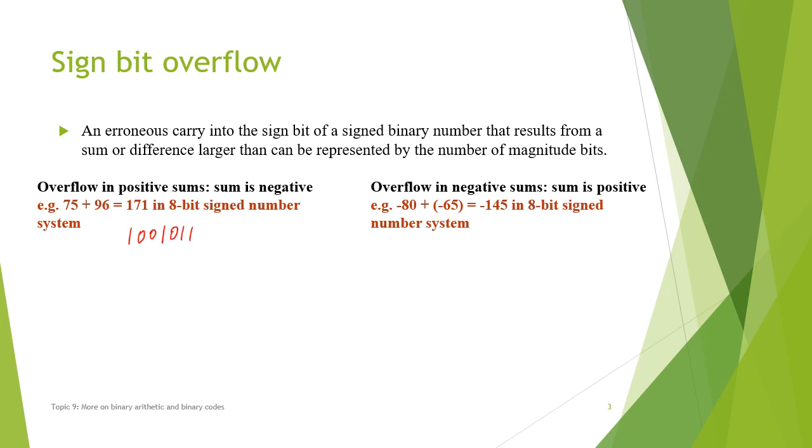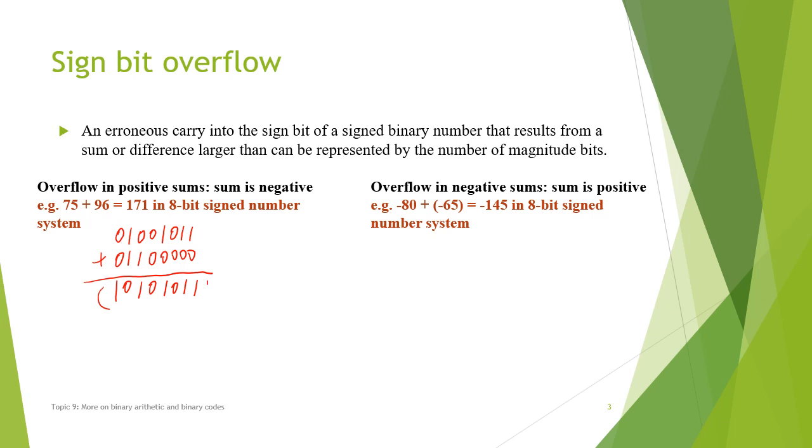This is a 7-bit number, then we add a 0 here to make it 8-bit. And 96 equals 64 plus 32. So let's add them together. 11010101.